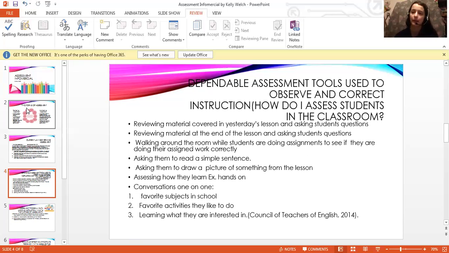And then also individually, I will sometimes ask students to read sentences. I will ask them questions about different things. I might ask them to draw a picture related to the lesson that we've discussed that day. And then conversations one-to-one. I will ask students about their favorite subjects, their favorite interests, just their different favorite activities in general, what they like to do.